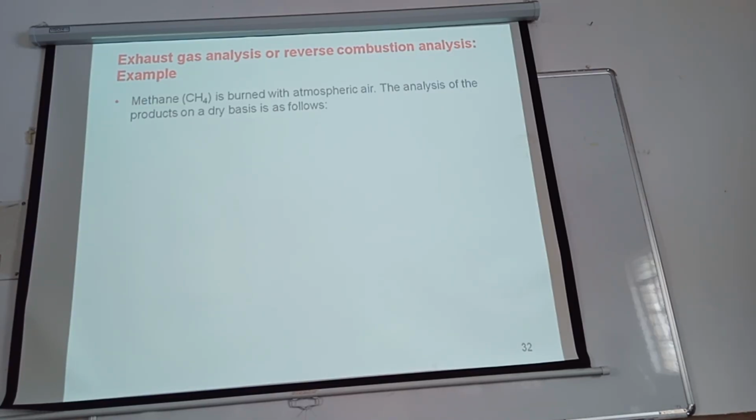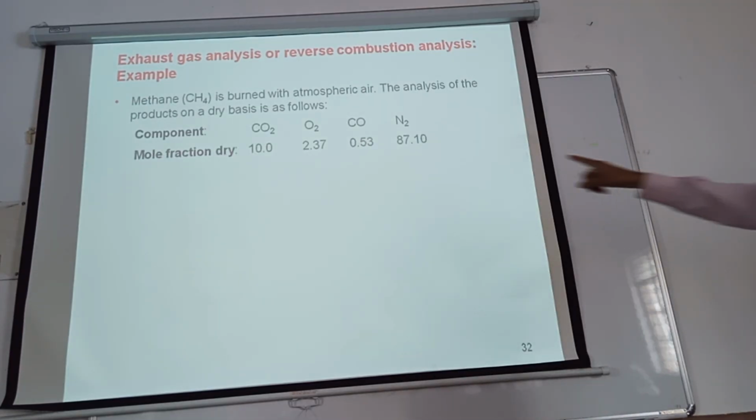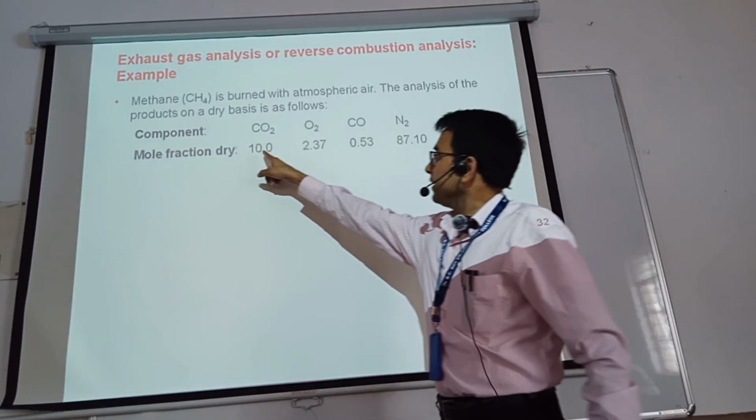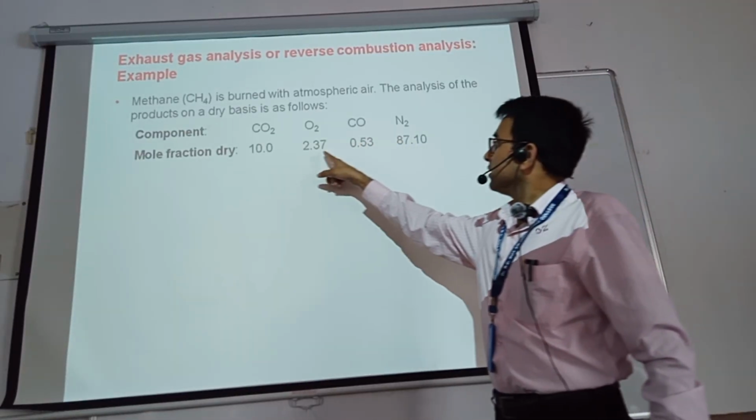What is the meaning of dry basis? In the products there will definitely be H2O, but the analysis is based excluding H2O. Okay, so you see that there is no H2O in the list, right? So you see what the percentage total is: 87, then 10, 97, then 2.